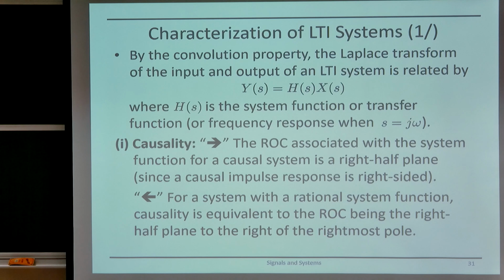So basically, by the convolution property, we know that the Laplace transform of the input and output of the linear time-invariant system have a relationship that takes on this form here. Okay, and this is because in the time domain, the output is equal to the convolution of the impulse response and the input signal. Okay.